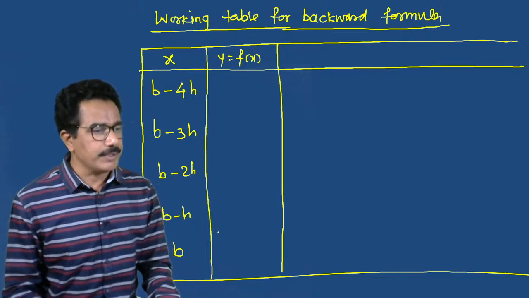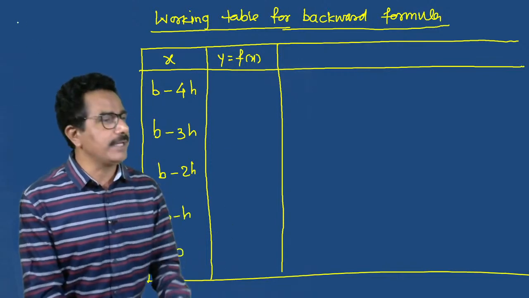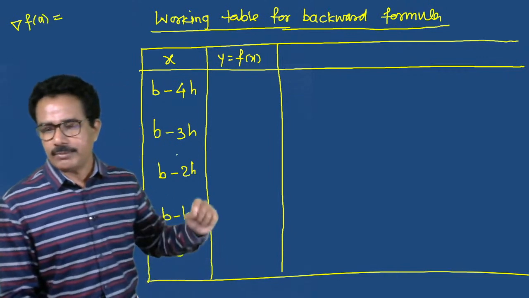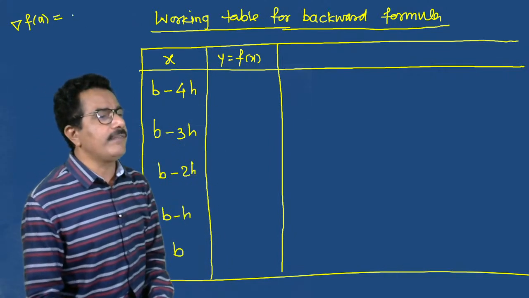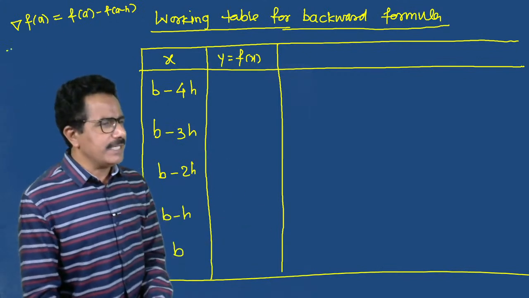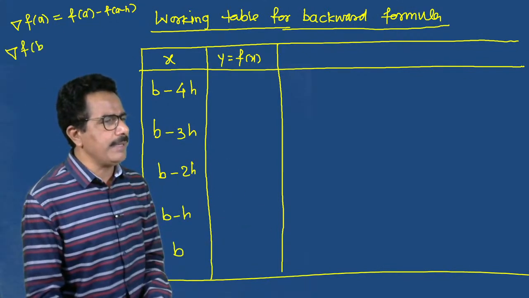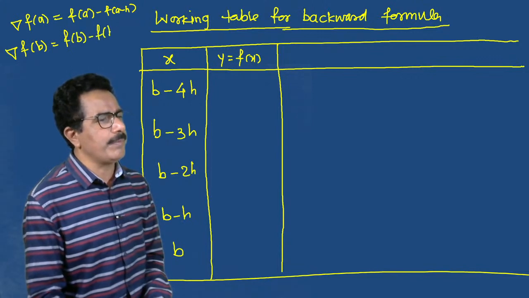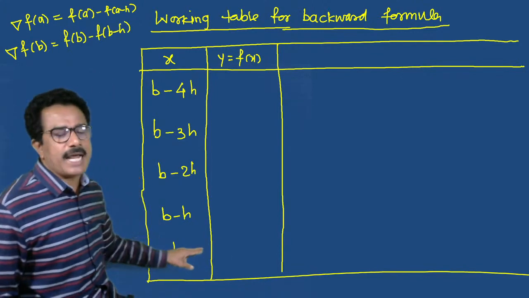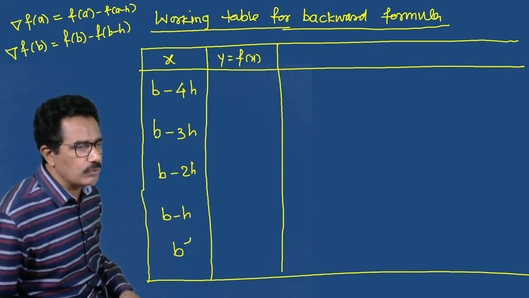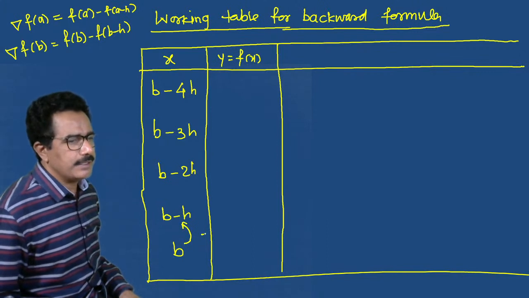So we can take, you know that the backward difference del f of a can be written as, tell me, what is the formula for del f of a? Del f of a means f of a minus f of a minus h. Similarly we can write del f of b means f of b minus f of b minus h. So it starts from this f of b minus h, means we have to subtract this.